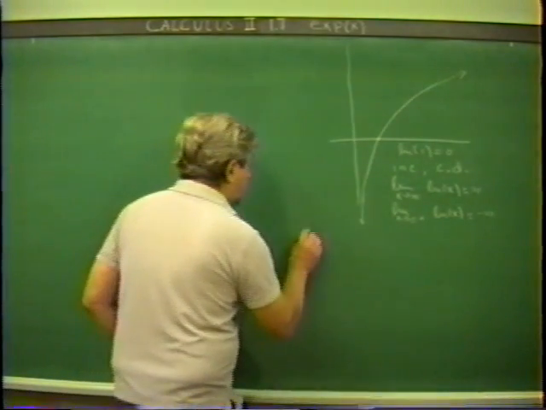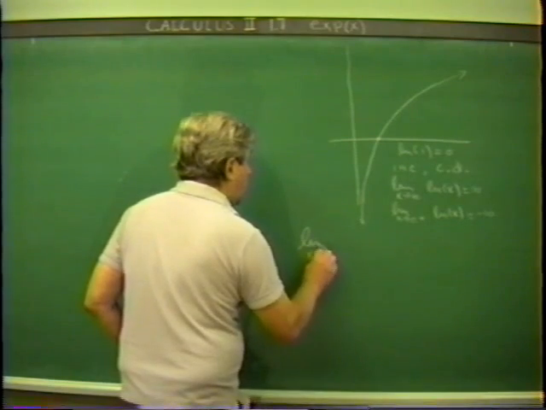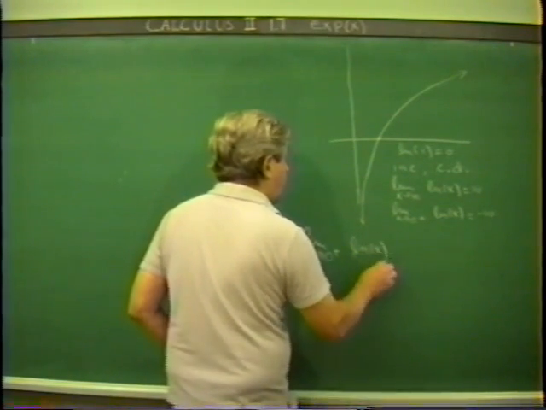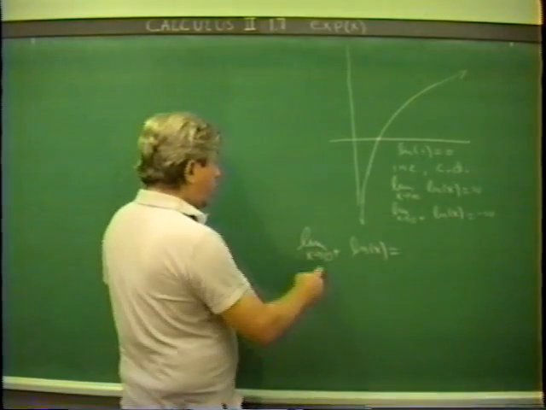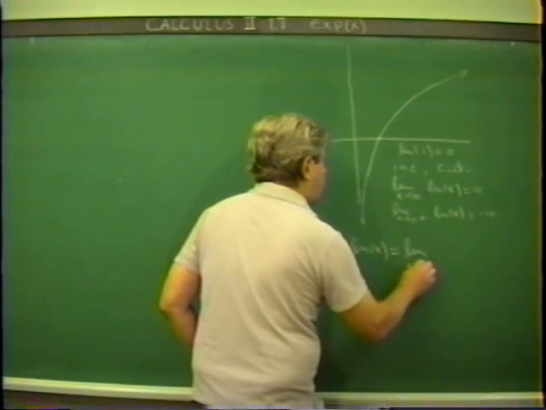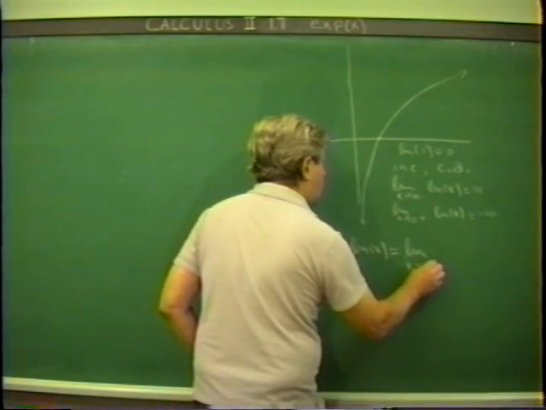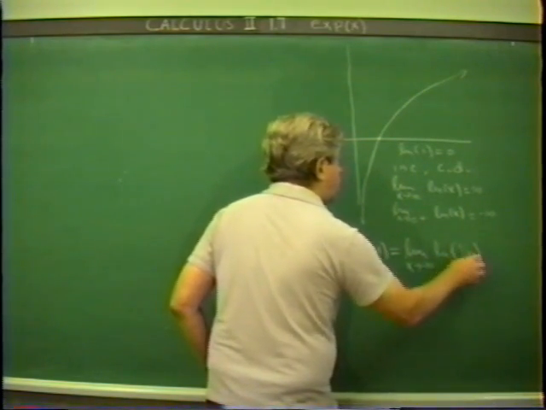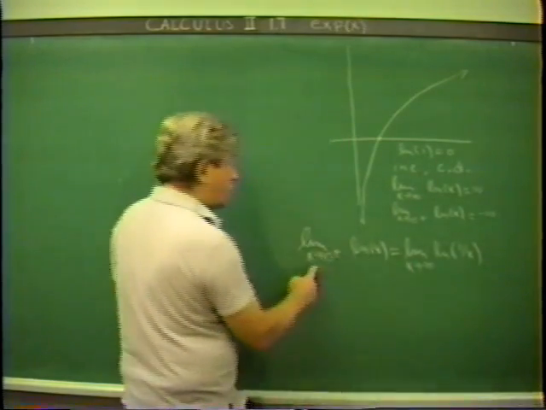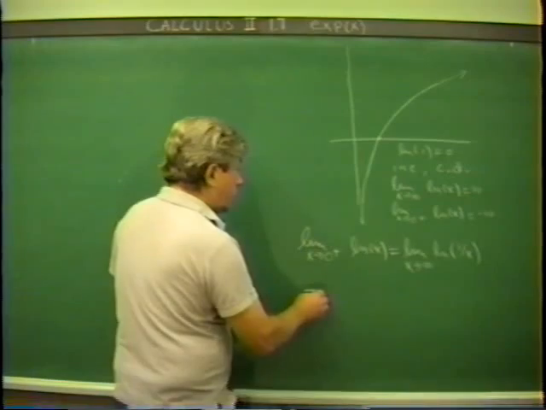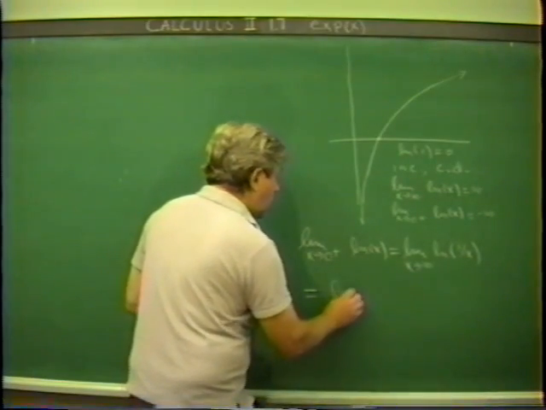Well, what do we need to do here? If we consider the limit as x approaches 0 from the right of ln of x, we can change this around here and write this as the limit as x approaches infinity of ln of 1 over x, because as x gets very large, 1 over x gets close to 0 on the right.